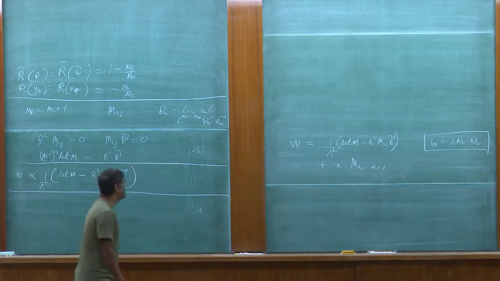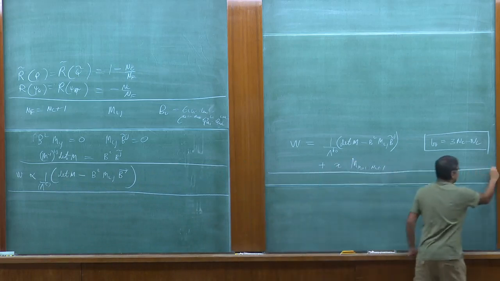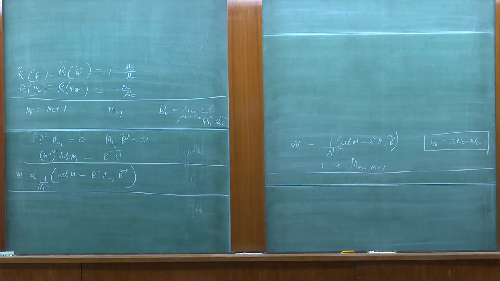Okay? So by adding this mass, and if necessary making it large, we want to see what effect we get when we integrate out this massive field. So let's integrate out the massive field.